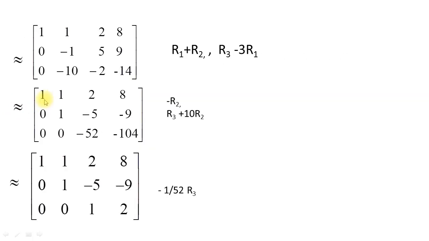And dear students, note that in this matrix, the rank of matrix A is equal to the rank of the augmented matrix. This is matrix A. Matrix A has 3 non-zero rows, and similarly the full augmented matrix also has 3 non-zero rows. So the rank of matrix A is equal to the rank of the augmented matrix and equal to the number of unknowns.